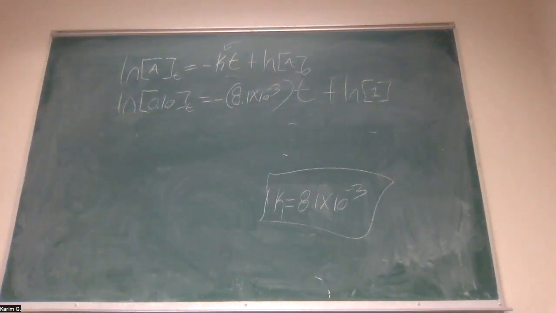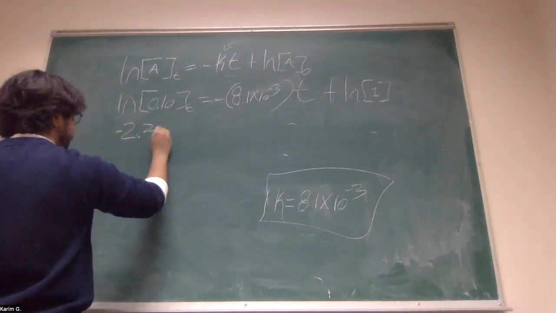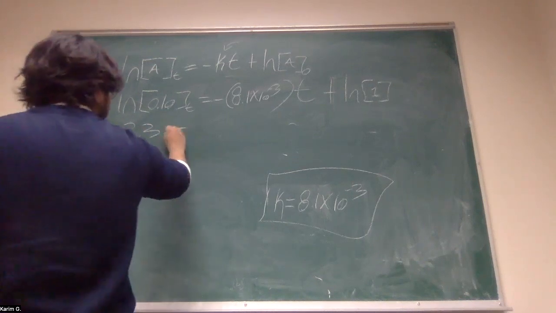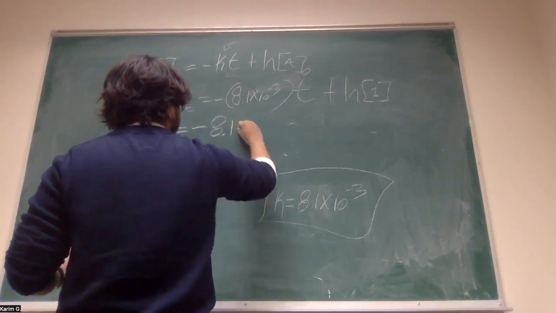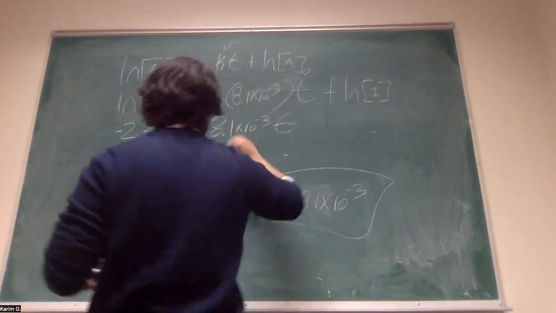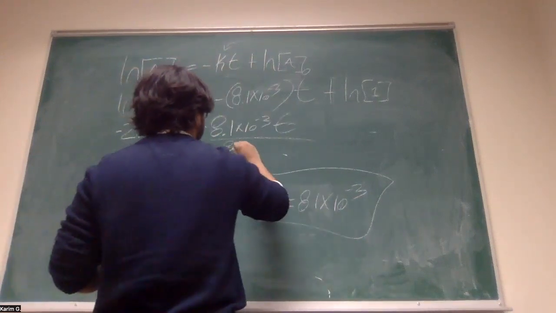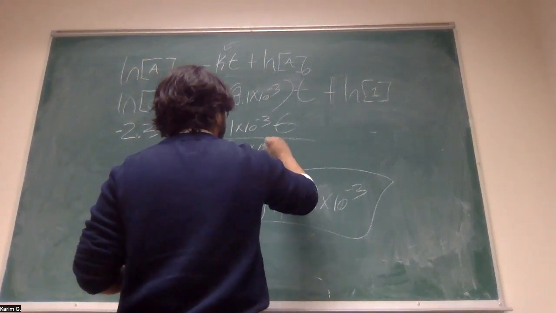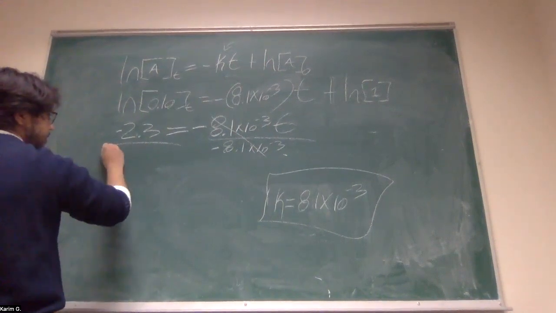Okay. So then the natural log of 0.10 is negative 2.3, and then it's equal to negative K times T. We want to find T, so we want to leave T by itself. So it's divided by negative 8.1 times 10 to the negative 3, which would cancel this out.